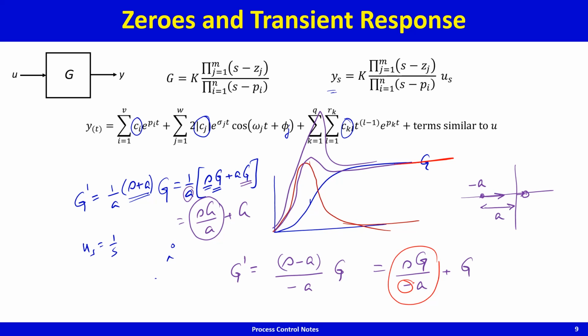So now the hump will add in a negative sense, and therefore you will get something that looks probably like this. So when you have a right half plane 0, you start getting these inverse responses. This is called the right half plane 0, and this is called the inverse response.